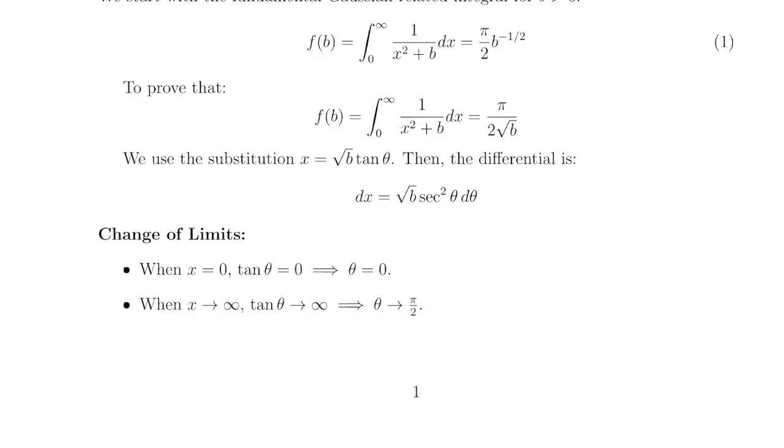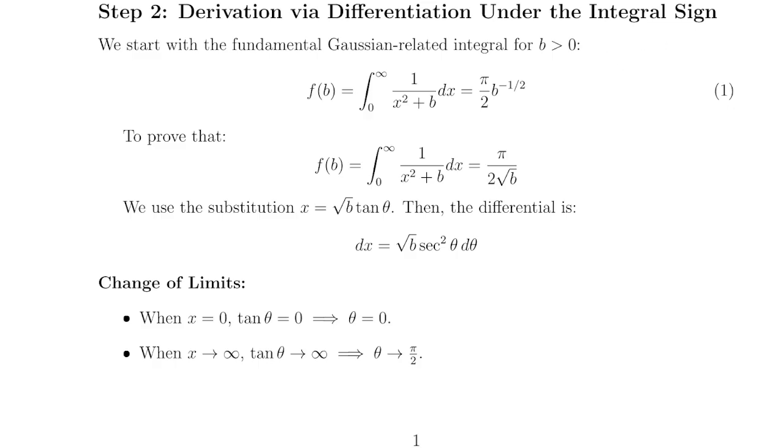When x is 0, we have square root of b times tangent theta equal to 0. b is positive here, so that's actually the condition we have up here, that b is positive. That means that tangent theta has to be 0, and tangent theta is 0 when theta is 0. And when x approaches infinity, that means that tangent theta also has to approach infinity, which means theta is approaching pi over 2. So the new bounds are from 0 to pi over 2.